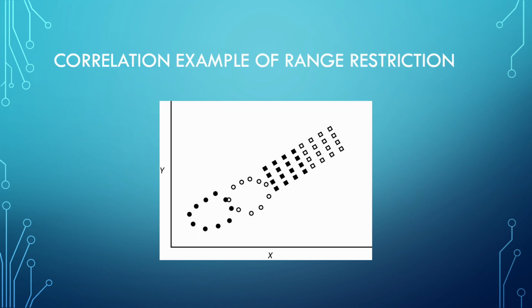Here's a visual example of range restriction. The value of R in either the solid or open dots is much smaller than the value of R for the combined data. This is because the variance is greater in the complete set of data than in the subsets.